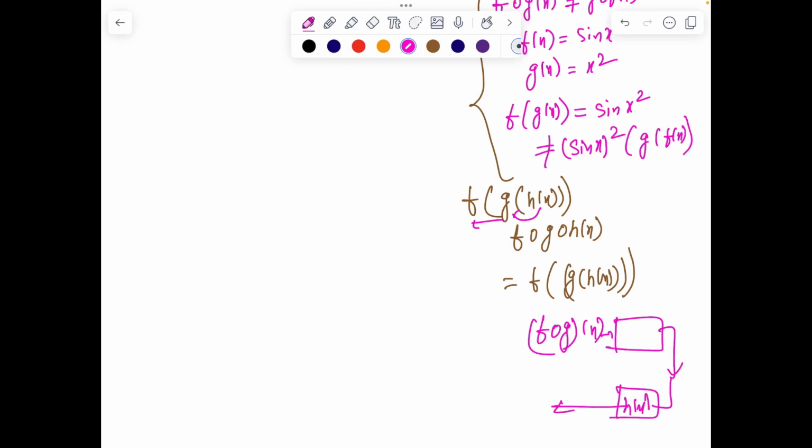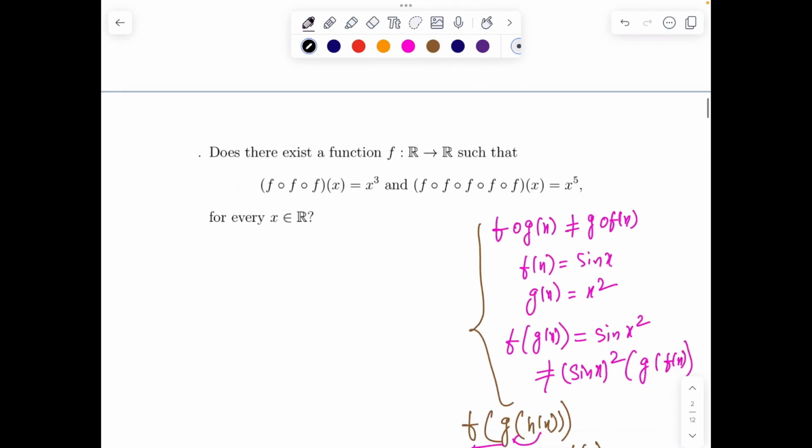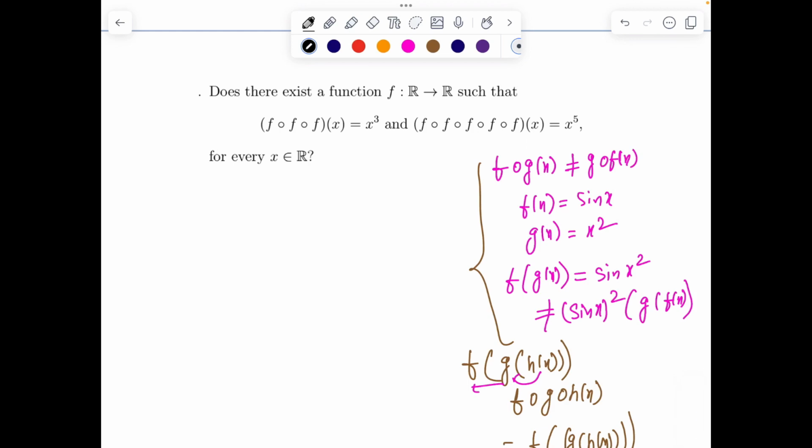So finally we get exactly the same output. So in general, f∘g is not commutative, but it is associative. Now this is not only regarding functions, because in general it's true even for matrices as well. So let's try this question.